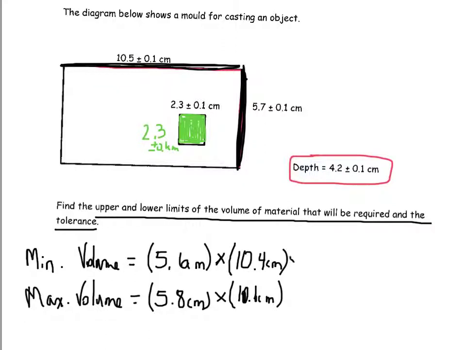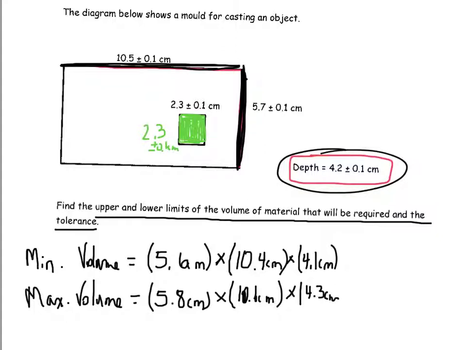And then finally, what's the depth of this object? Well, 4.2, but plus or minus 0.1. So at a minimum, we'll tolerate 4.1. And a maximum we'll tolerate is 4.3. So that's how much volume would make this block. And then we have to subtract the hole.